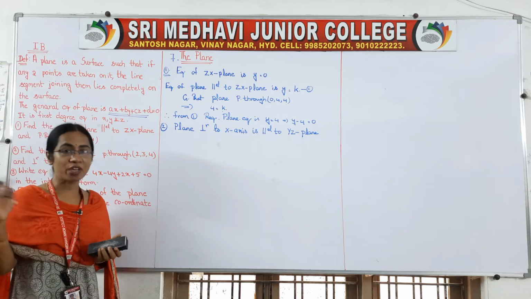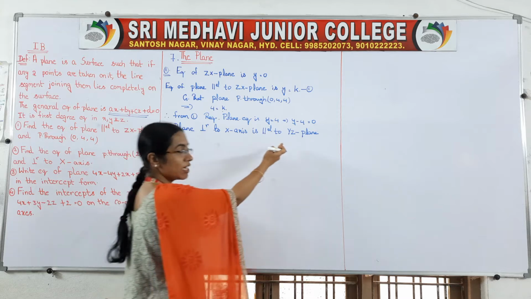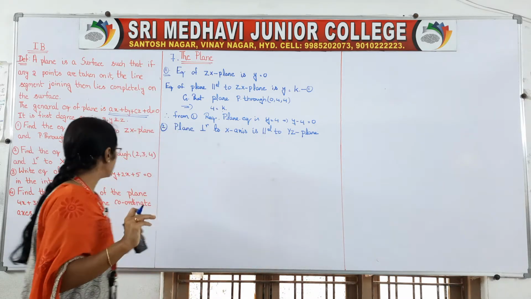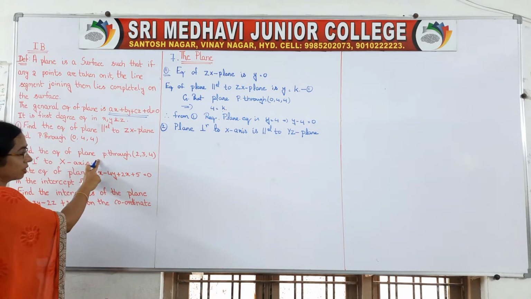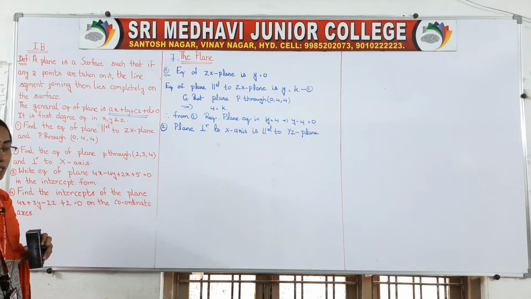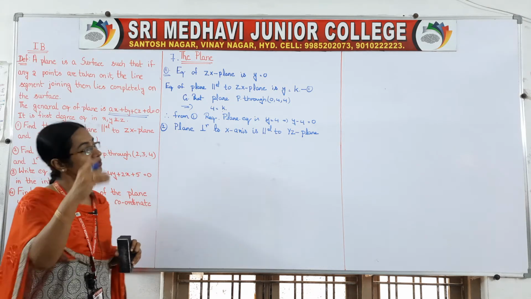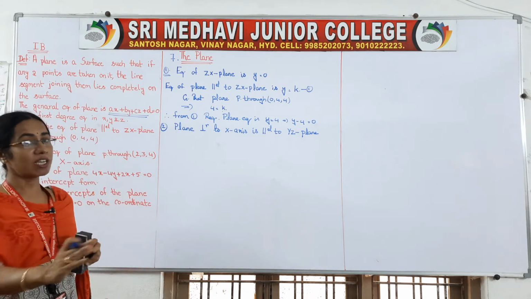That means we have to find the equation of the plane parallel to the YZ plane, isn't it? What is the question? Find the equation of the plane passing through this point and perpendicular to the x-axis. Any plane perpendicular to the x-axis will definitely be parallel to the YZ plane.